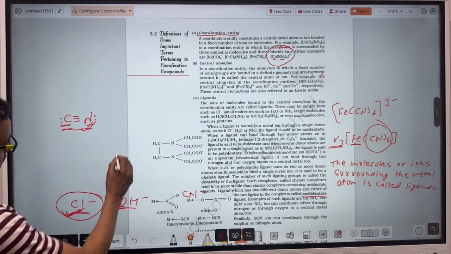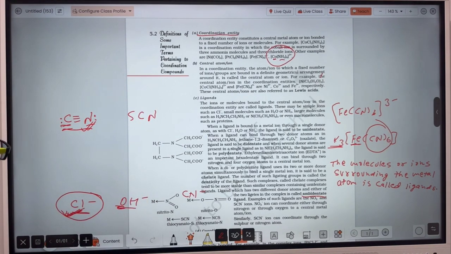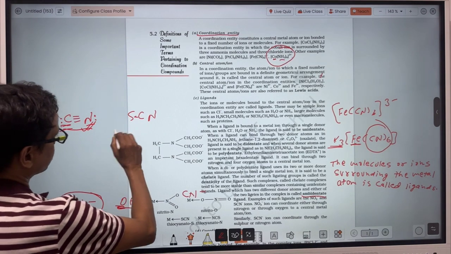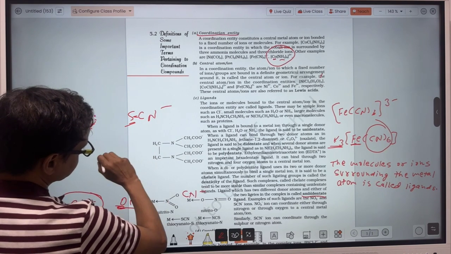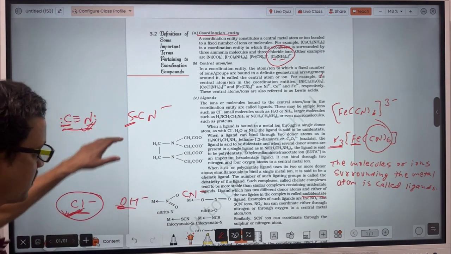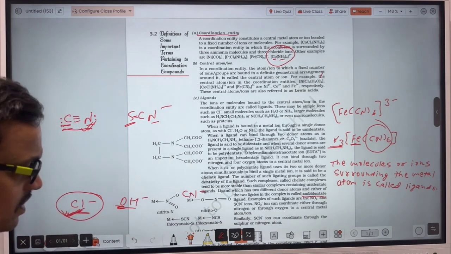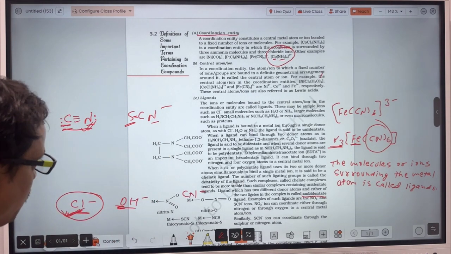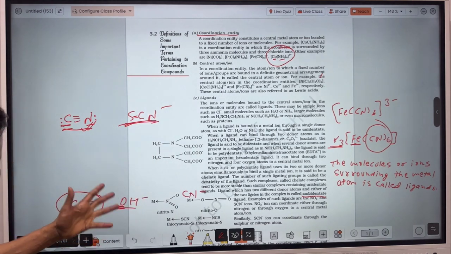Same here, SCN minus, called thiocyanato. In this case, sulfur can be bonded to the central atom, and nitrogen can also be bonded to the central atom. So this one is an ambidentate ligand. Why?